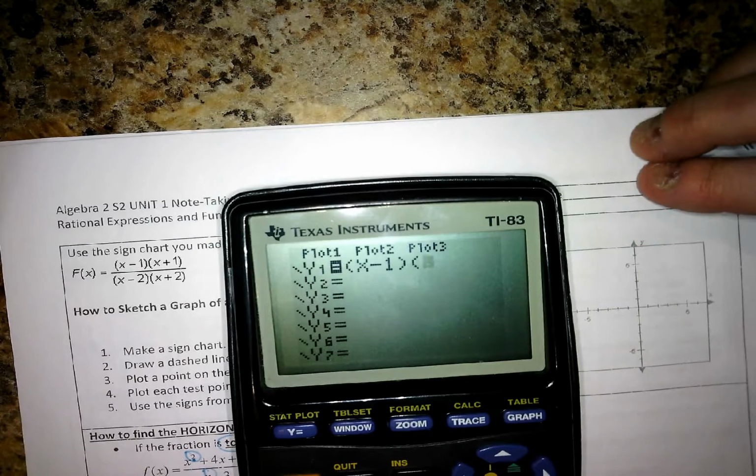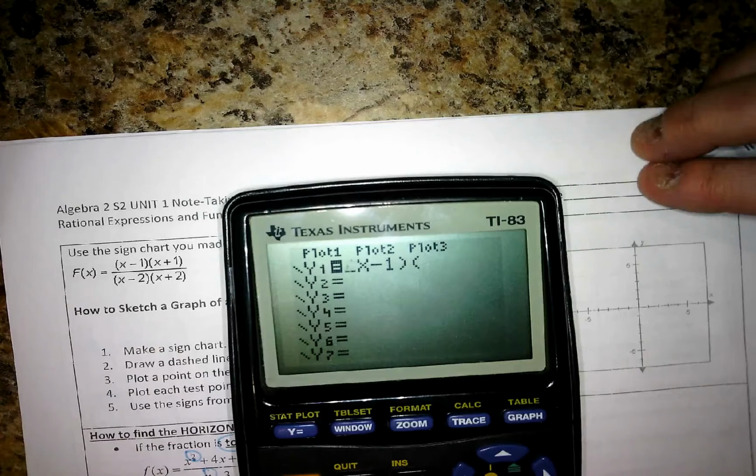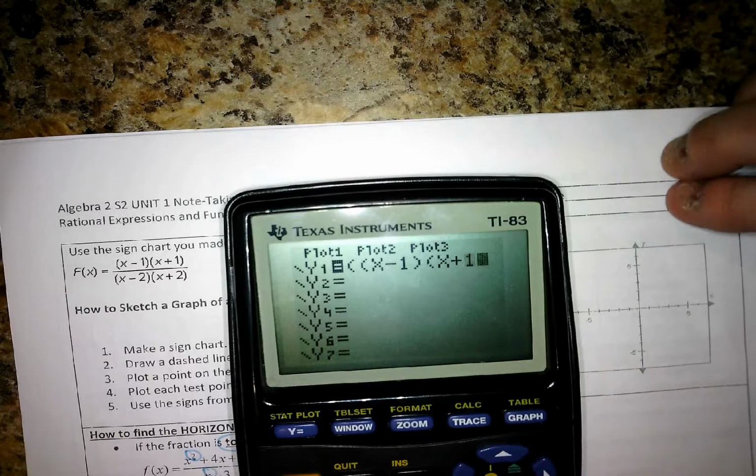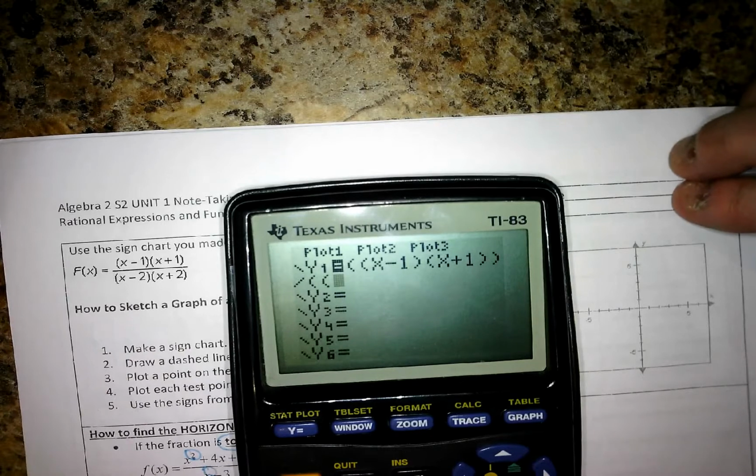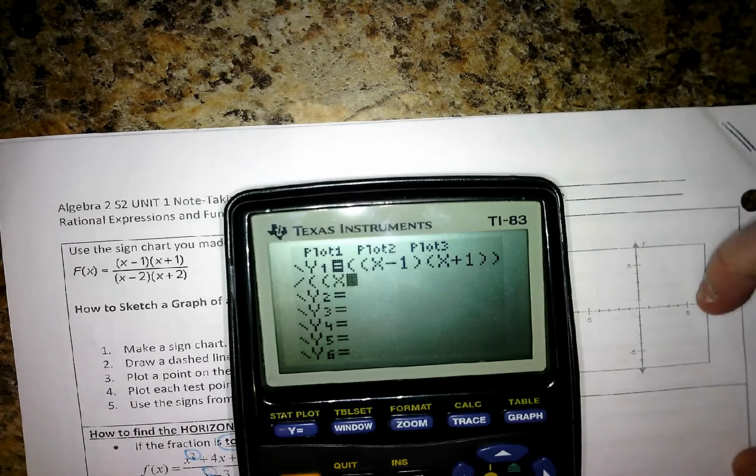Remember I said you have to include that first parenthesis. Now we're going to have x plus 1, and close that parenthesis, divided by a parenthesis around both pieces. So now we're going to have x minus 2 times parenthesis x plus 2.